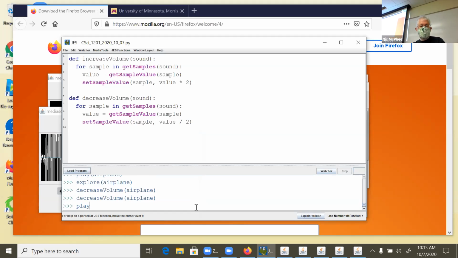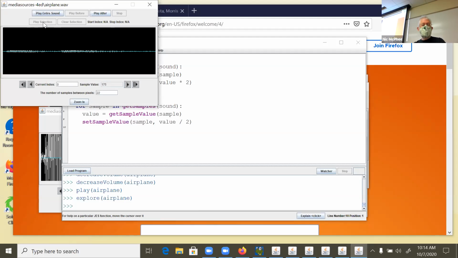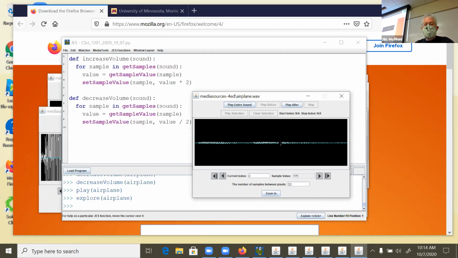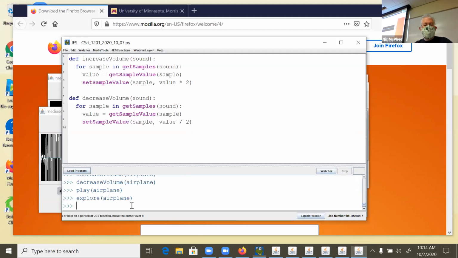Try that. So it's really, really quiet now. And we can see that it's pretty close to flat. And we've lost information when we made it quieter.